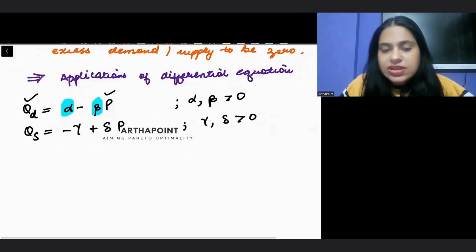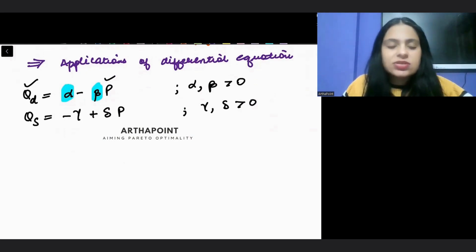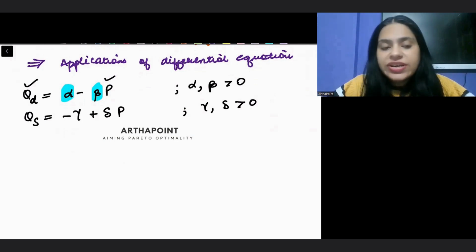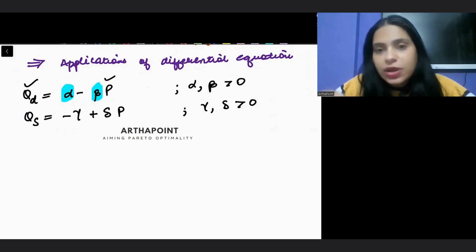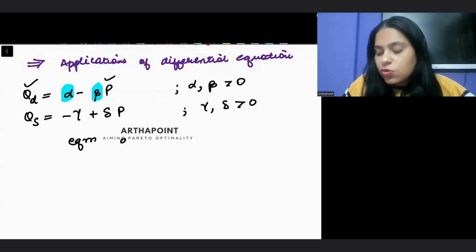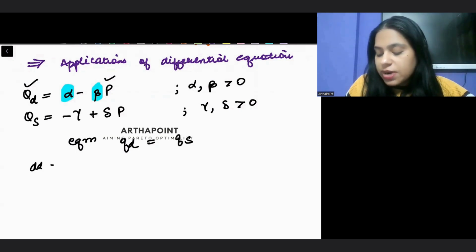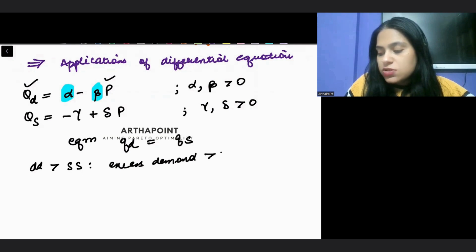Now we know, of course, that we want demand and supply to be equal to each other under usual circumstances. We want to ensure that the excess demand is 0 in case of equilibrium, so our equilibrium is attained where the quantity demanded is equal to quantity supplied. Make sure that you understand: if quantity demanded is more than supply, we have excess demand, which is positive.